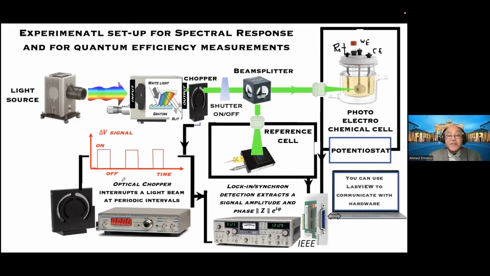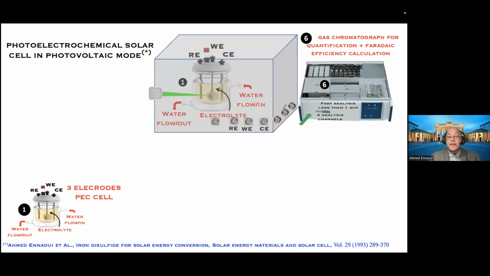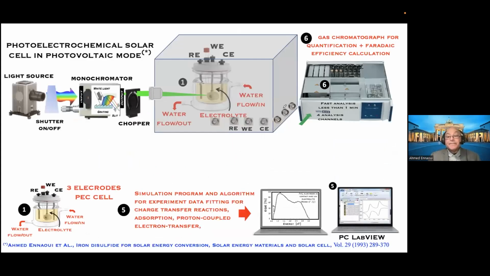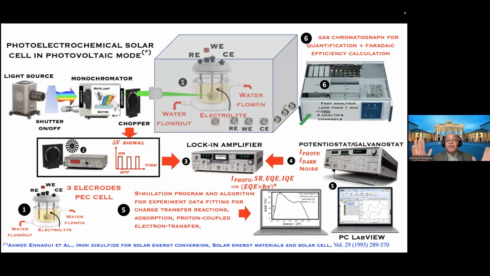With this kind of setup, it's possible to measure only the photocurrent coming from the light. And of course, we have to know the origin of this photocurrent. It depends on your electrolyte. Okay. So this kind of experiment is very important.